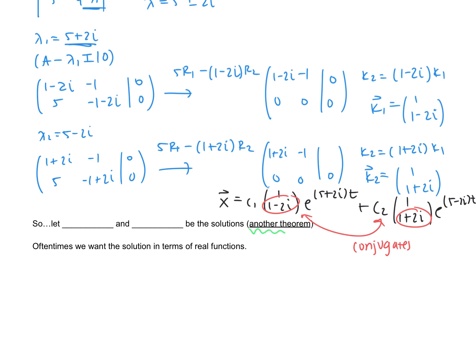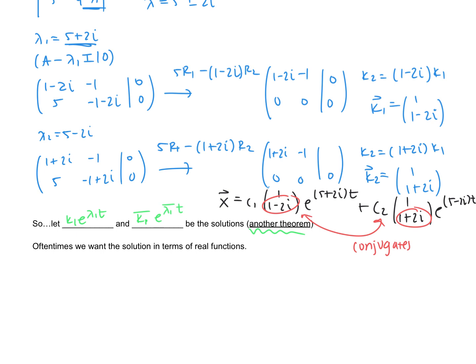This leads us to another theorem. If we have complex eigenvalues, then k1 e to the lambda 1 t will be a solution, and the conjugate of that eigenvector and e to the conjugate of the eigenvalue will be the second solution.